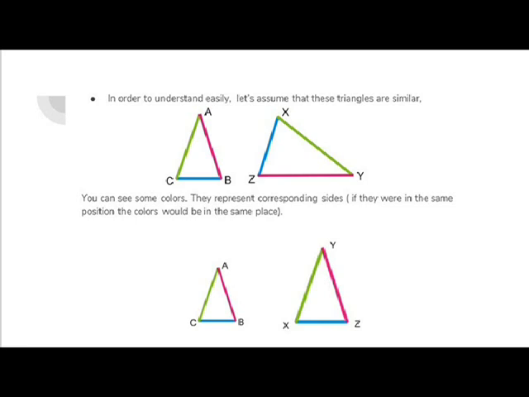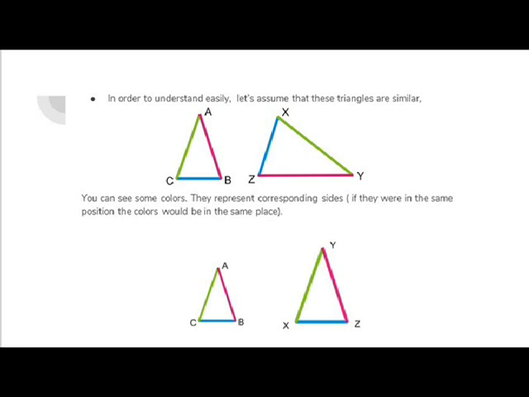They have the same angles, but the lengths of the sides are not equal. You can rotate the triangles if you want, and then you can realize that they are equal. It's like a projection, one small and the other one bigger, but they are similar.